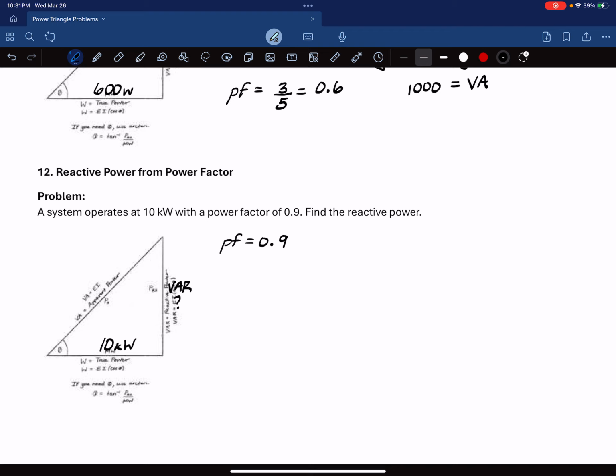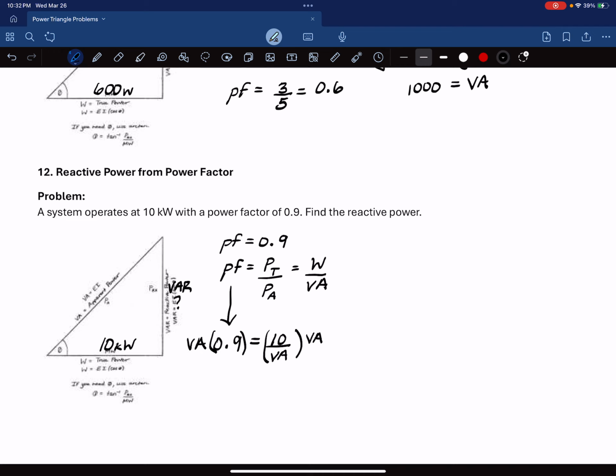Working with the power factor formula, I know that power factor is defined another way as power true over power apparent, or W over VA. So I'm going to use 0.9 for power factor. And then W is 10. VA we don't know yet. But to find it, we're going to cancel that variable.